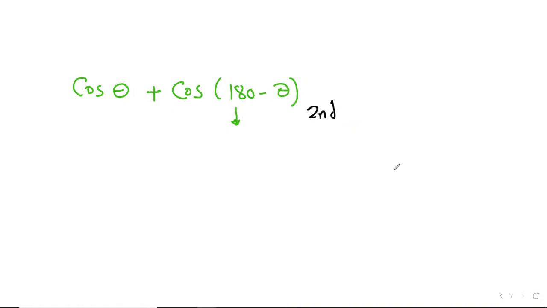Second. Okay. What is the sign of cosine in the second quadrant? Negative. So it will be negative cosine theta. Why didn't we write it as sine? Because 180 doesn't change any of the trigonometric functions. So it's negative cosine theta, and we have here cosine theta. So cosine theta minus cosine theta equals what? 0. Did you get it? Yes.